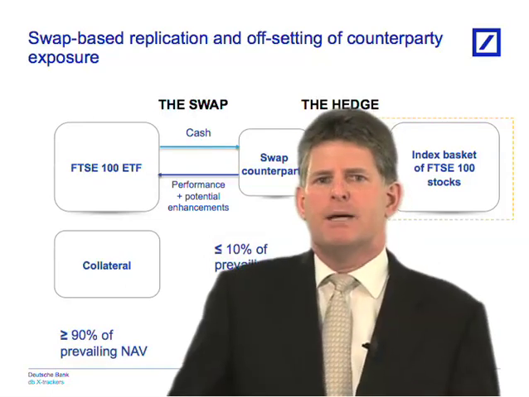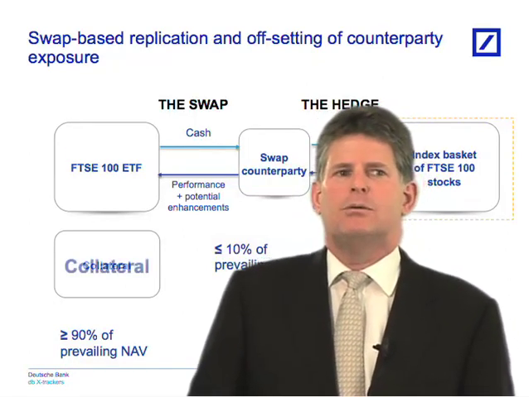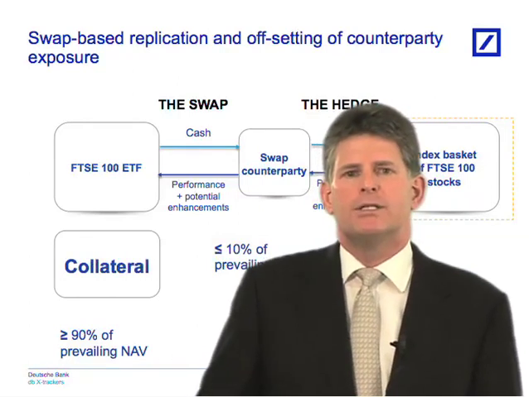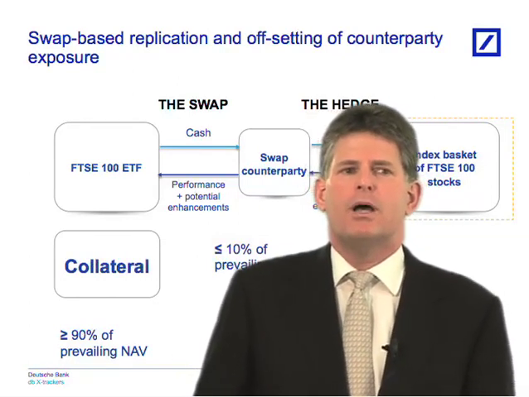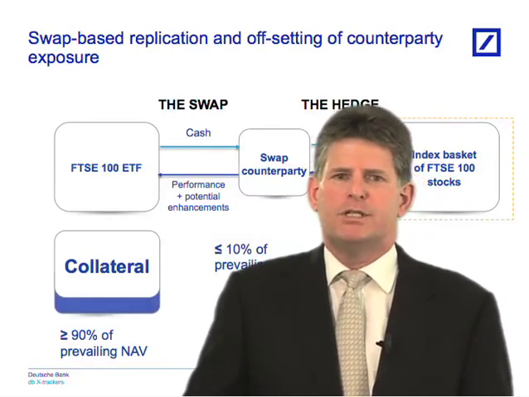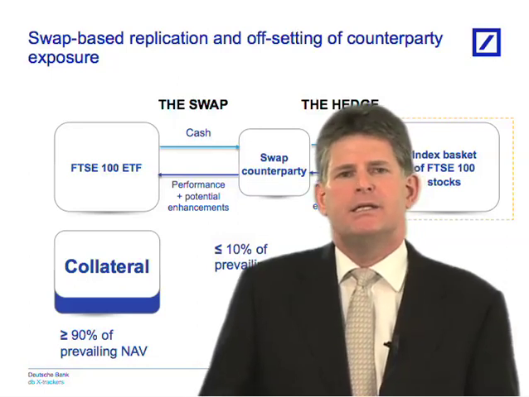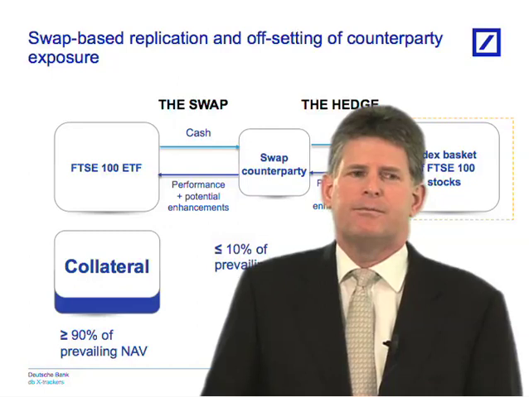However, what some swap-based providers have done is to post additional collateral into this collateral basket to a value in excess of this 90% minimum requirement. In fact, at Deutsche Bank, we have posted, for most of our equity, commodity, and currency ETFs, collateral greater than the value of the ETF itself.